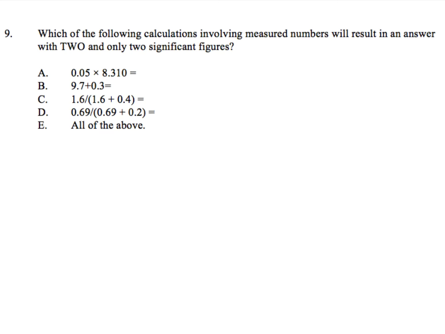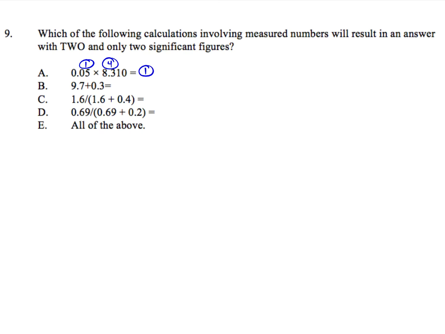Okay, so for A, it's a multiplication problem. Well, 0.05 has 1 sig fig times something with 4 sig figs. So in multiplication, you just take the one that has the smallest number. So your answer should only have 1 sig fig. So that one's not 2.